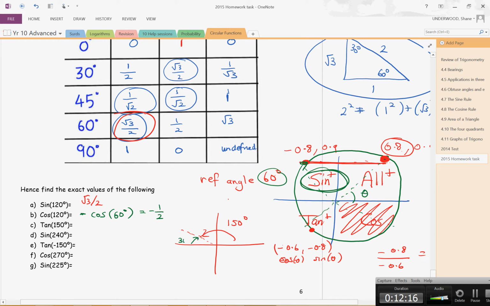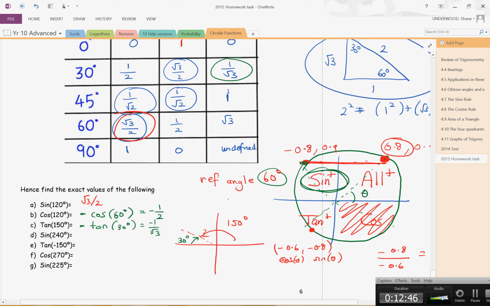Now, be careful, is tan positive or negative in the second quadrant? Only sine's positive, so it's negative. So tan of 150 is equal to the negative of tan in the first quadrant, which is our reference angle. Negative tan of 30 degrees is equal to negative 1 on root 3.